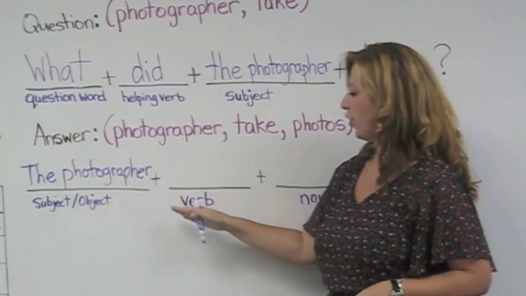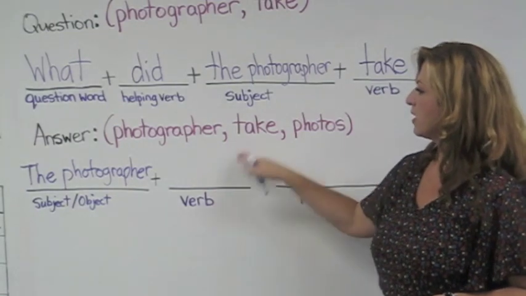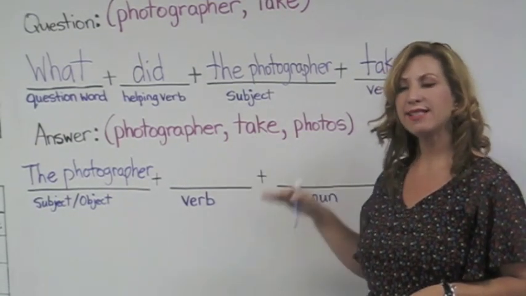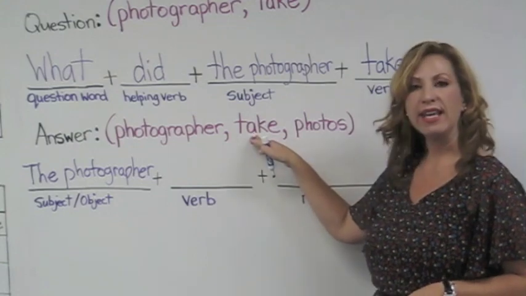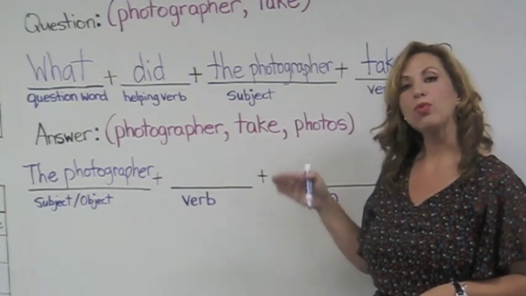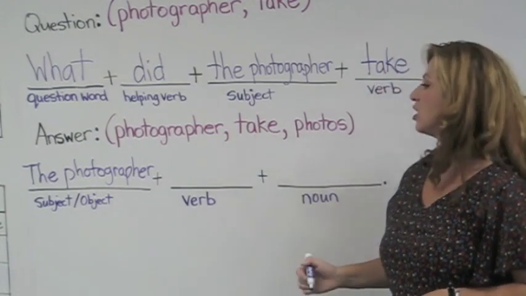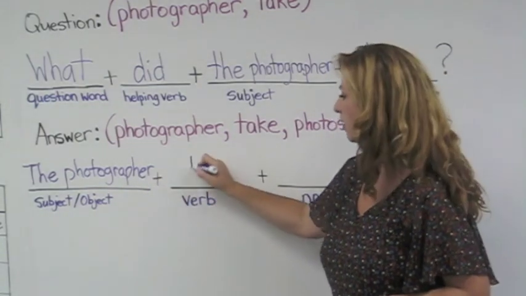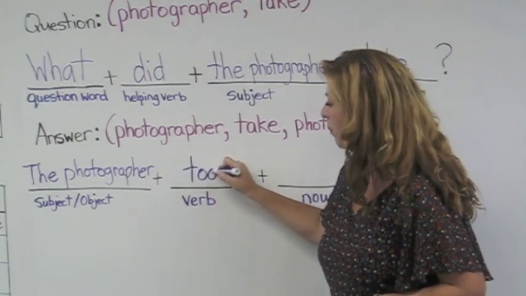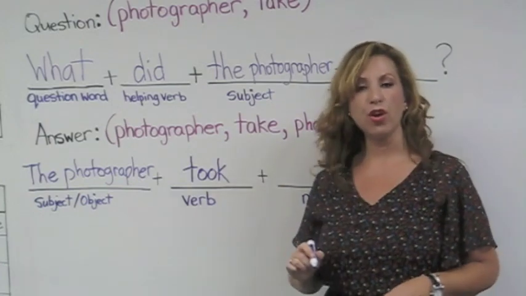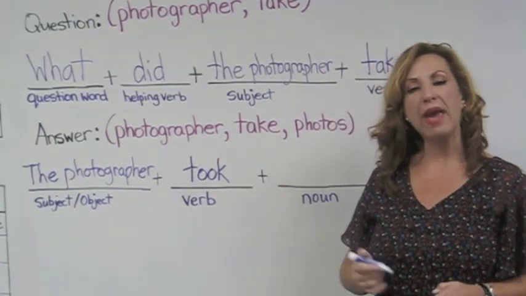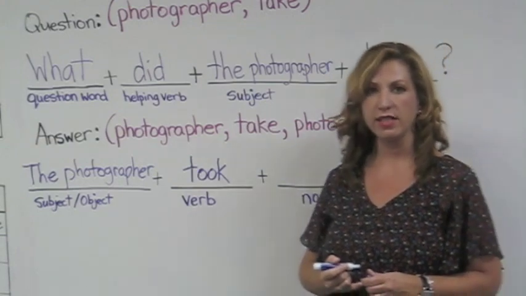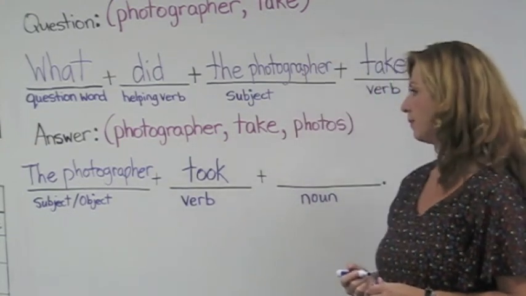The photographer, and now our verb, to take. When we write the answer in the past tense, to take is an irregular verb. So it would be the photographer took. If you need more practice with irregular verbs, you could always refer back to Steps of Success, Volume 1. There's lots of practice with irregular verbs.